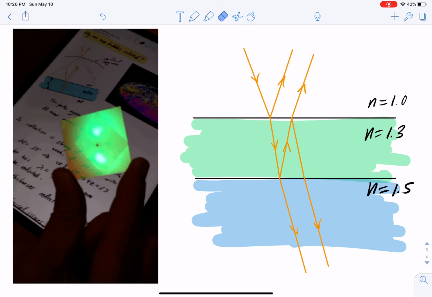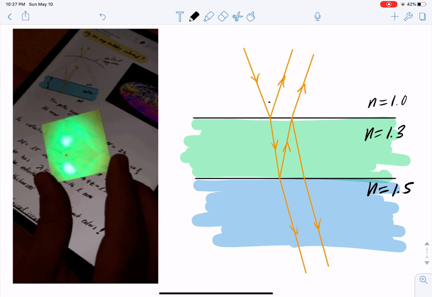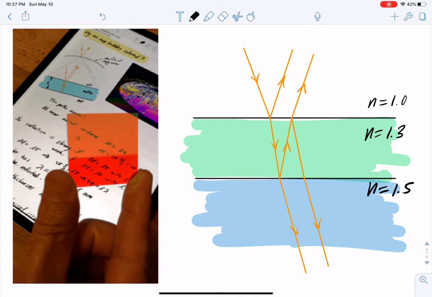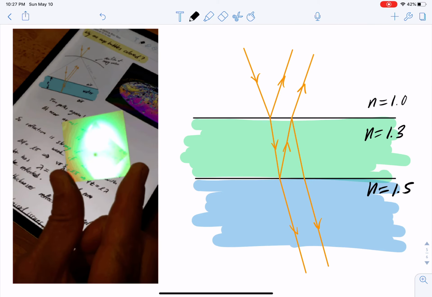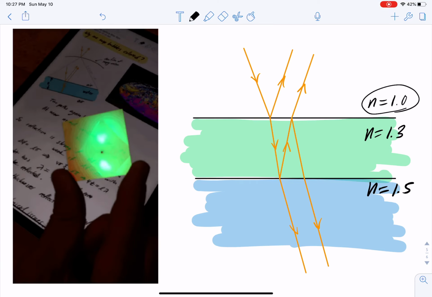our reflections again. So think to yourself, in this first reflection here, is it going to pick up a pi phase shift or not? Okay, so you have to look at these 2 indices.